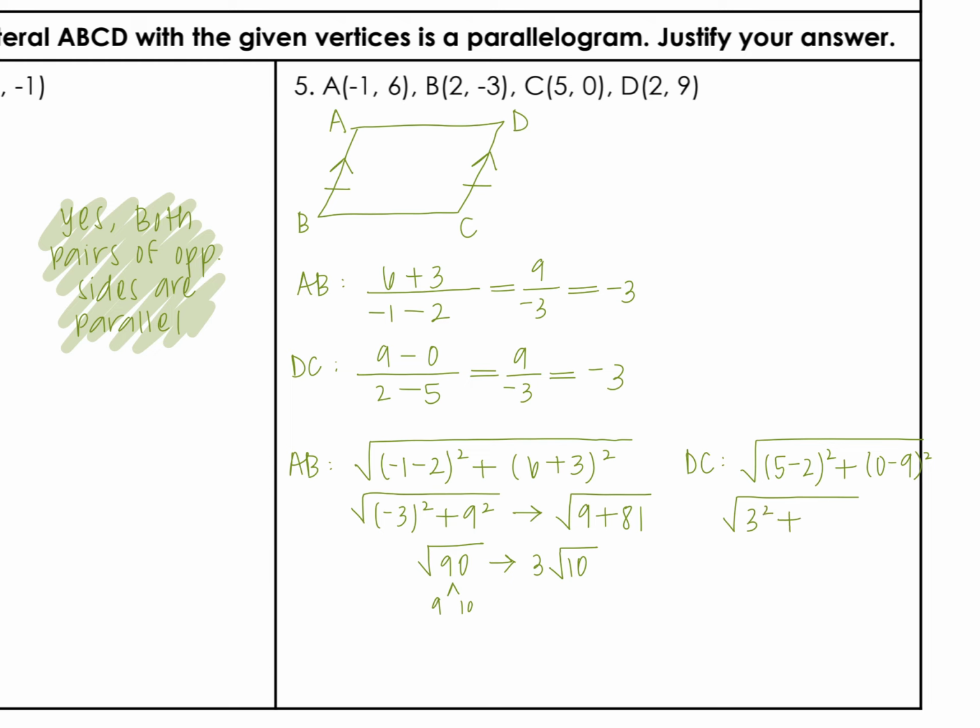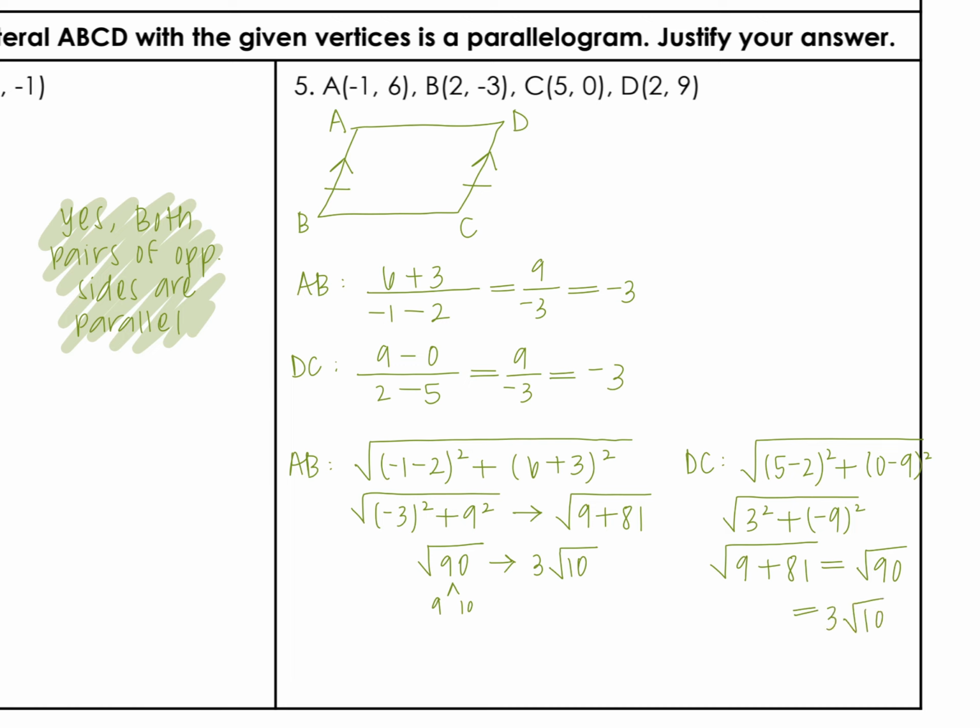Plus, and then we've got 0 minus 9 gives me negative 9 squared. And so when I expand this out, I'm going to get 9 plus that 81, which will give me that square root of 90 again, which we said is just going to then be equal to 3 root 10.